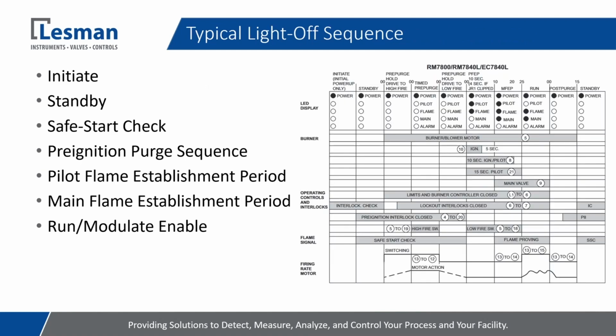Okay, here we go. So a typical light-off sequence goes through a couple of different steps, and not every flame safeguard and combustion system necessarily goes through exactly the same steps, but this is going to be the most common type of sequence that we'll find.